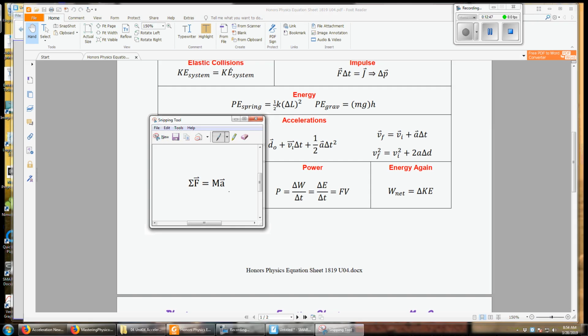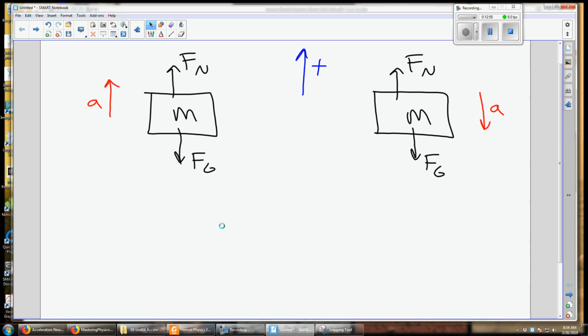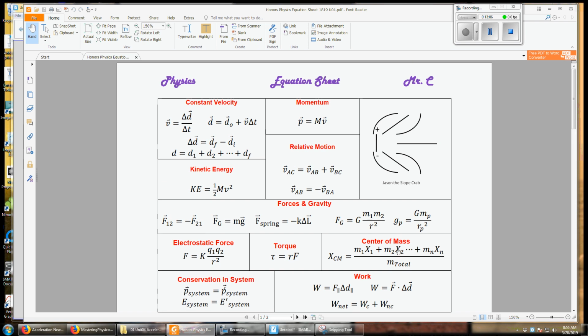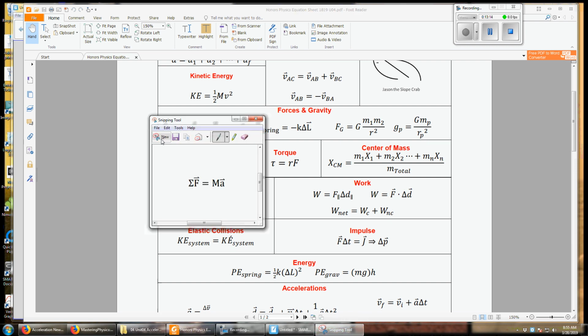Let me get in my mouse for this. And let's see, I should probably have a thing that's about the force of gravity, right? Which is right up here.